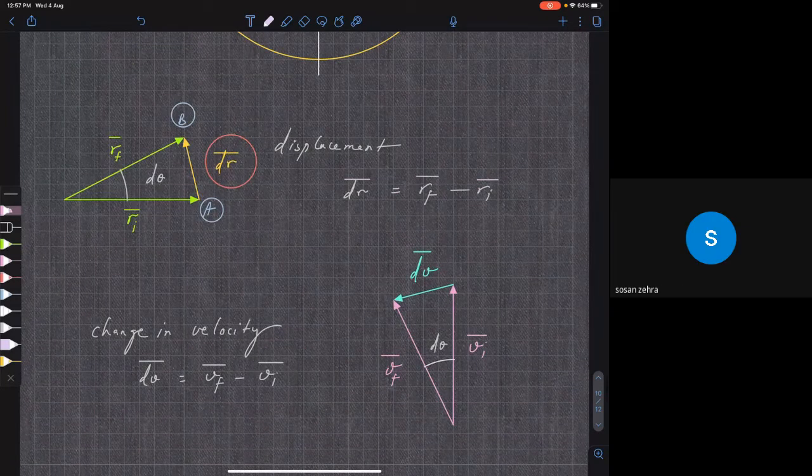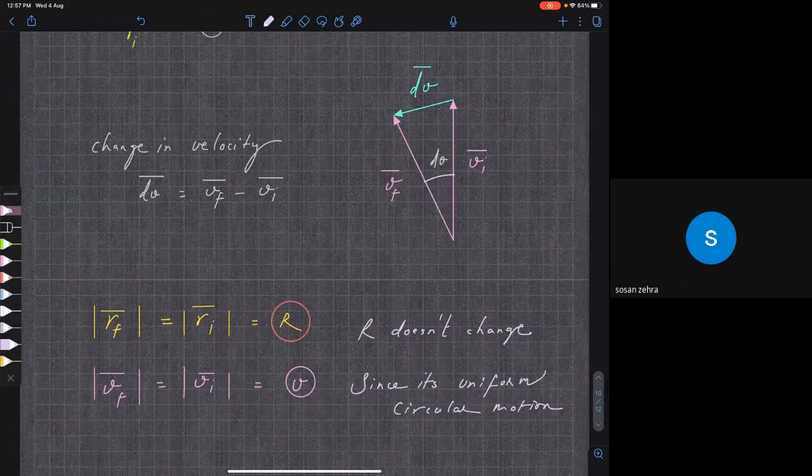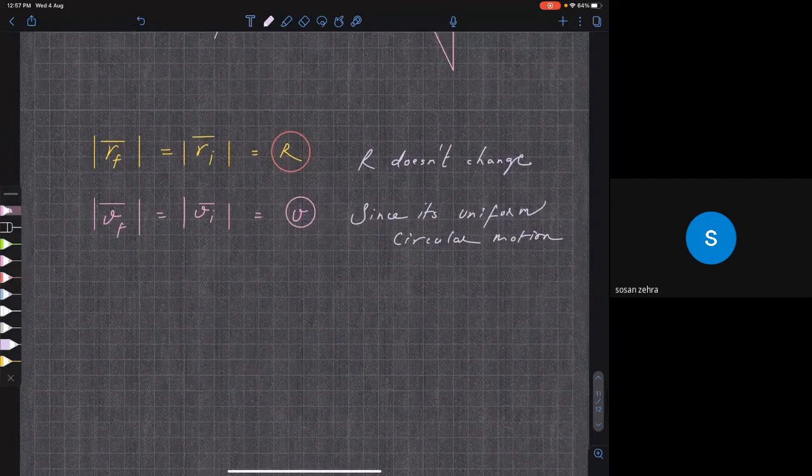Whose speed doesn't change. So the magnitude of velocity also doesn't change, because magnitude of velocity is speed. Clear?